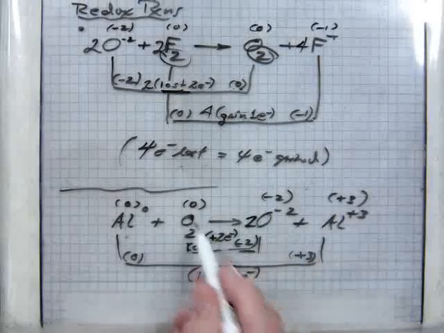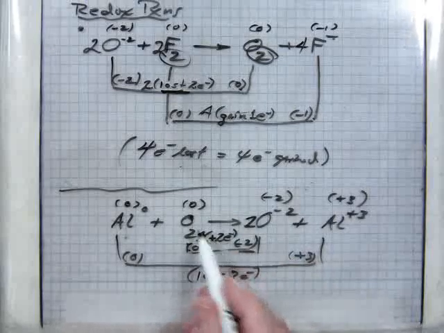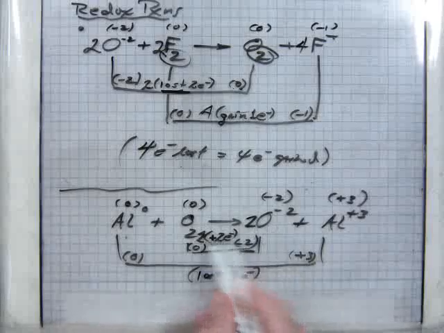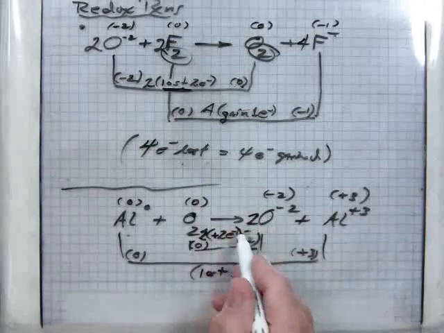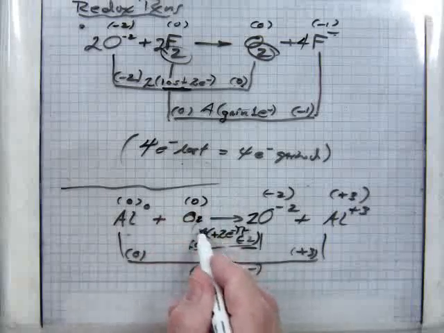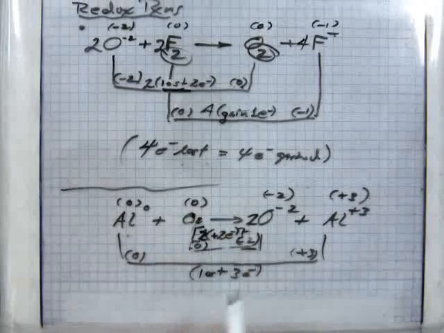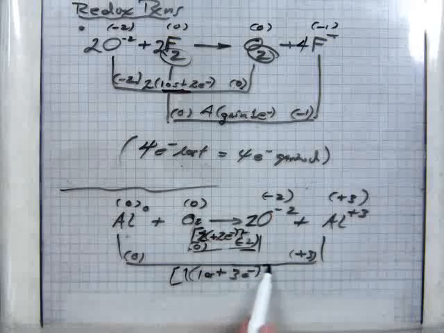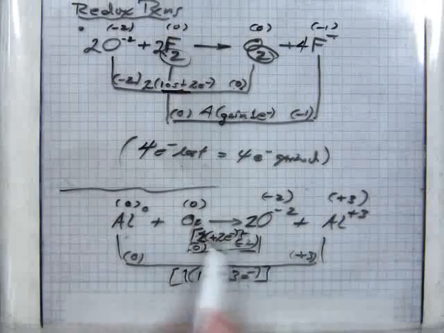That means the 2 has to go in here. 2 oxygens each gaining 2 electrons, and so I have 4 electrons total here. So I'm going to bracket that. I know it's getting messy right in here, but there's 4 electrons, there's 3 electrons. I have 1 aluminum losing 3 electrons. Now I've got to balance those 2.